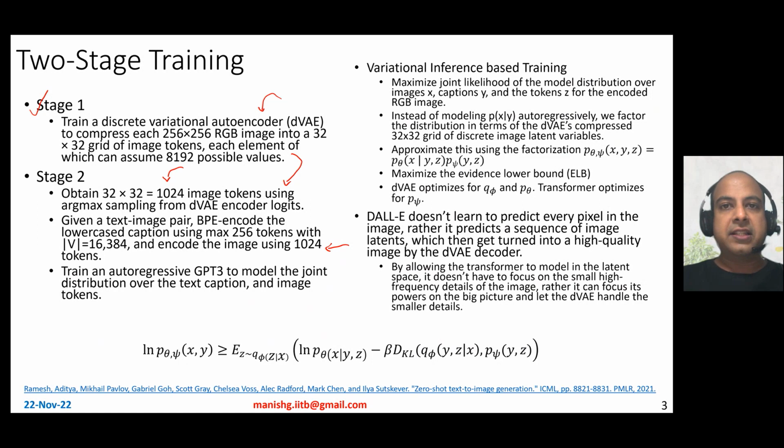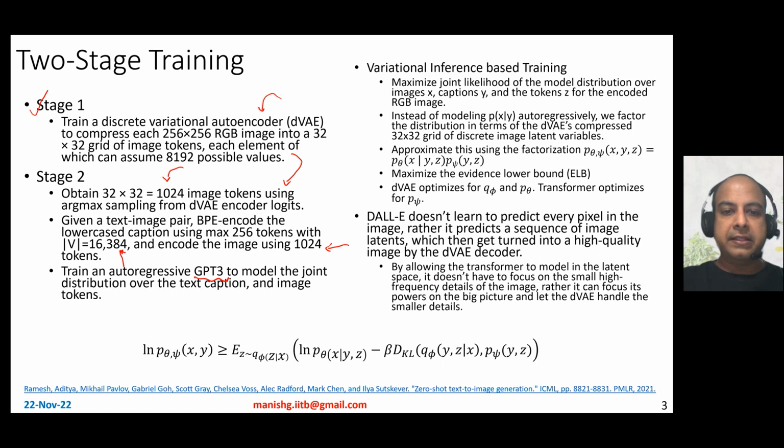For the text, the vocabulary size is fixed to 16,384, and the model that is trained is autoregressive GPT-3. It sort of jointly tries to model the distribution over the text caption and the image tokens, right?